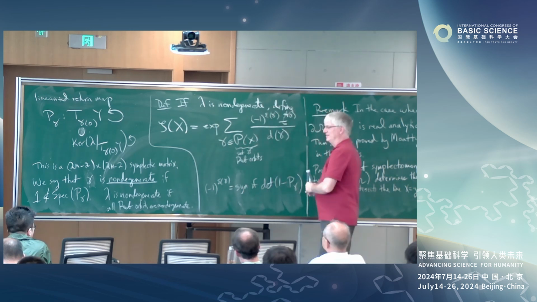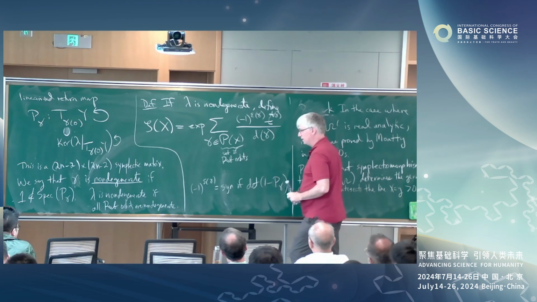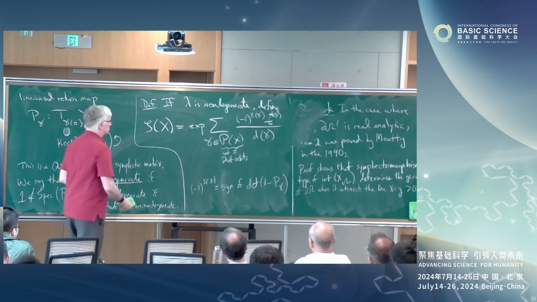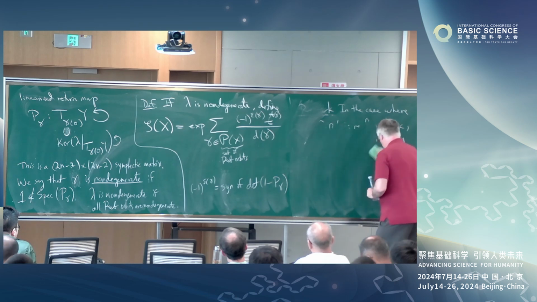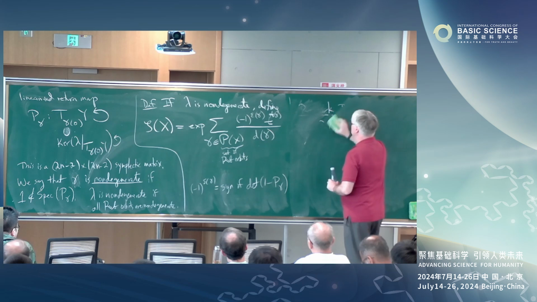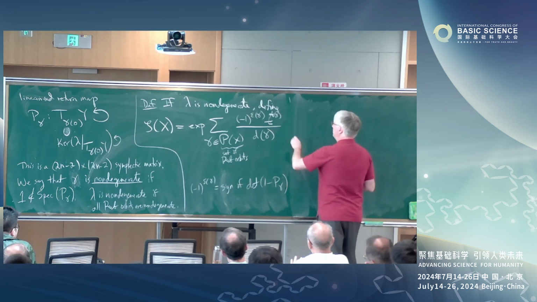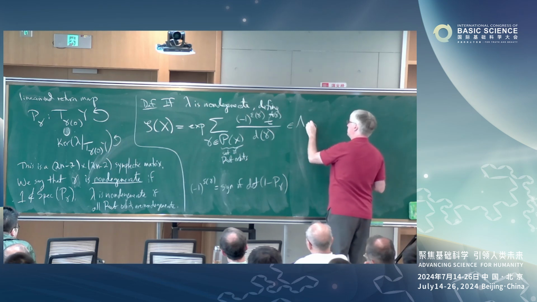Okay. So where does this thing live? This is an element of the universal Novikov ring with rational coefficients.